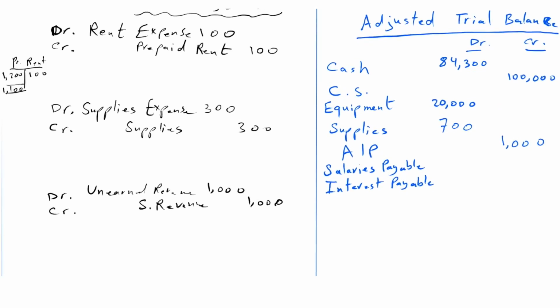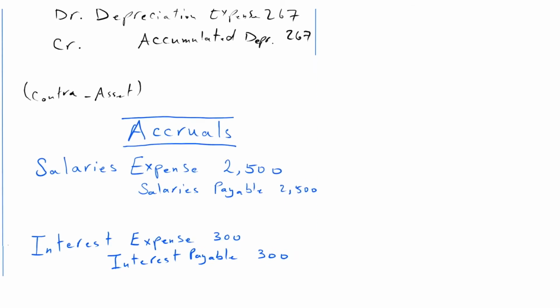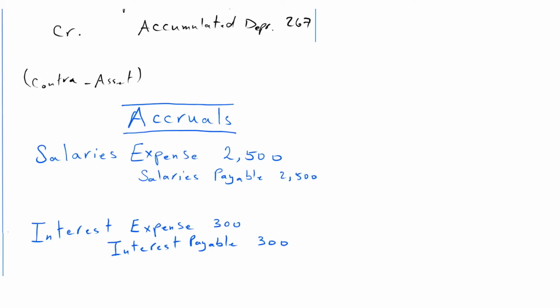And then after recording the adjusting entries, let me go down and see what changes happened to them. Well, they used to be zero anyway. So salaries payable, $2,500 credit, and then interest payable, $300 credit. Okay.